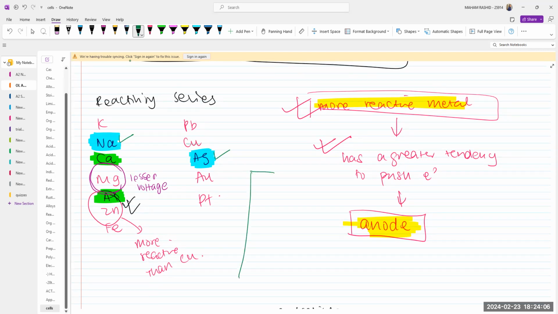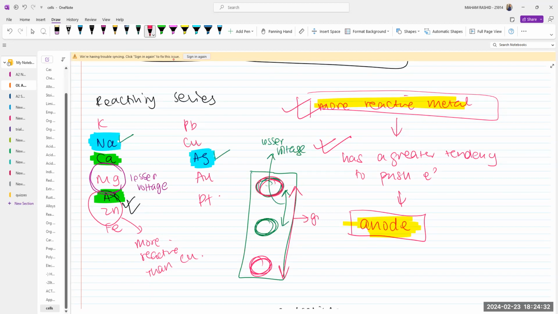So if this is my reactivity series, I have this element and this element compared to when I have this element and this element. So this is a greater difference compared to this difference. So the greater the difference, the greater the voltage generated. This will have a lesser voltage, and the red one will have a greater voltage.